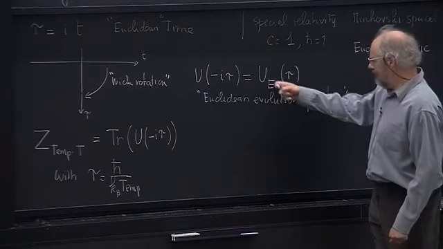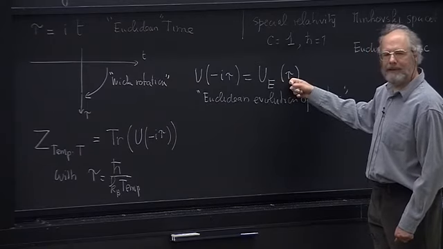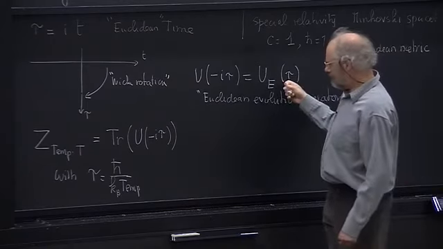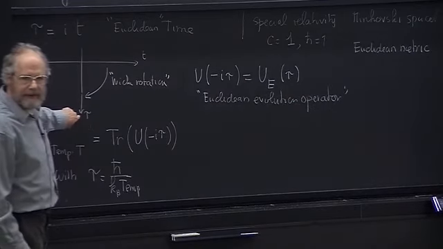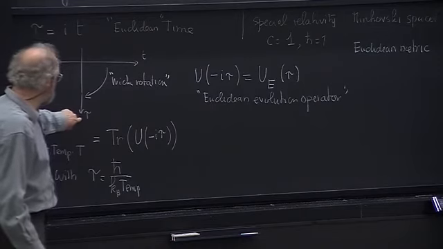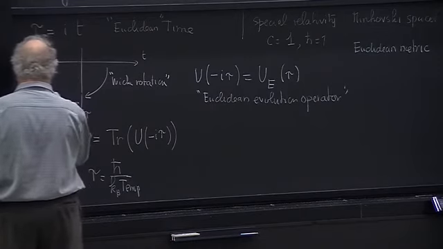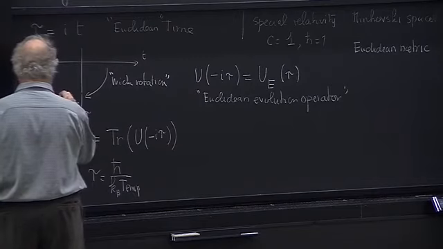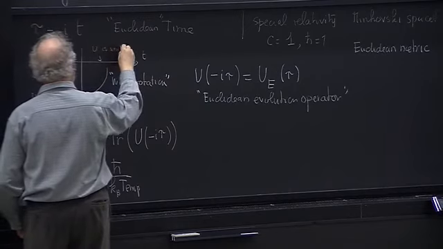So here, Euclidean, and tau is a real variable. Here U_E is well defined, is Hermitian, I'm sorry, not unitary. So on this line, U_E is self-adjoint, and on these lines, U is unitary.